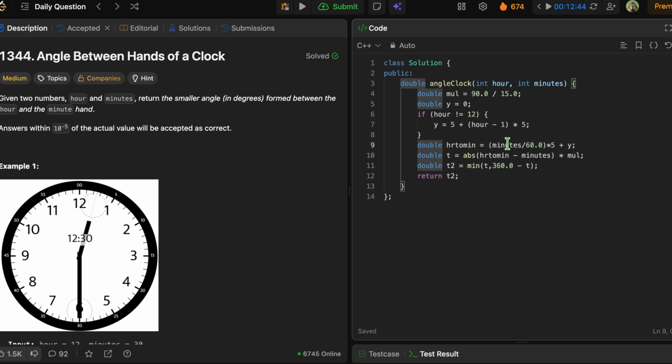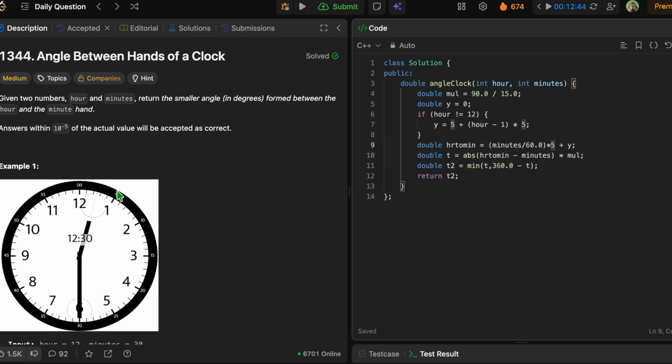divided the minutes by 60, so it gives how much my hour hand should move, what fraction it should move. If my minute hand is at 30, then it means my hour hand must have moved 50% of the gap between the hour and hour plus 1 mark. And we multiply it with 5 because the gap is 5, because we are dealing with minutes.